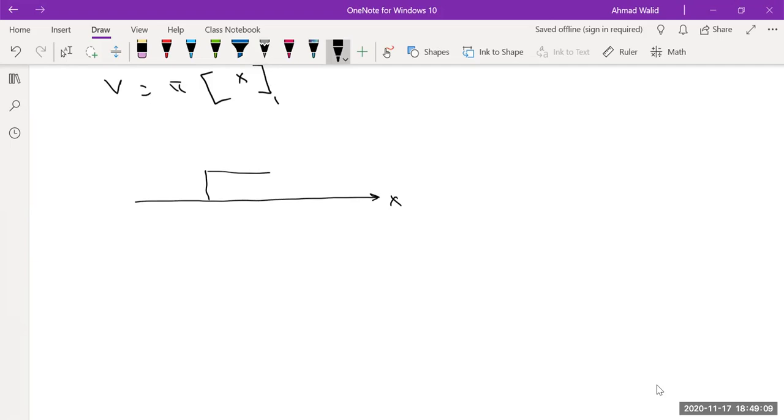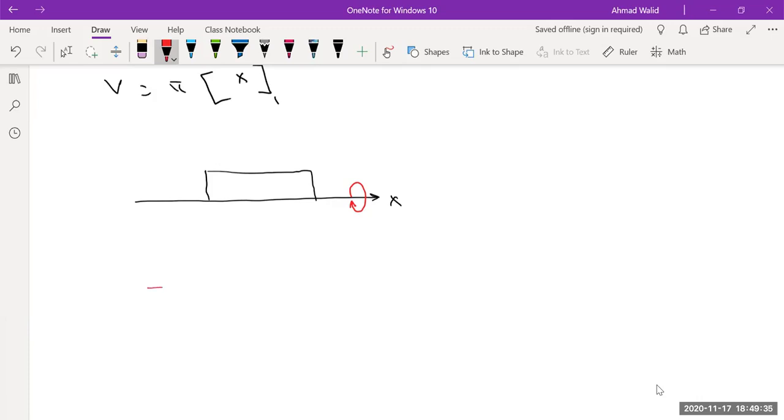Let me draw here for you a rectangle. If I rotate this rectangle about the x-axis like this, correct?